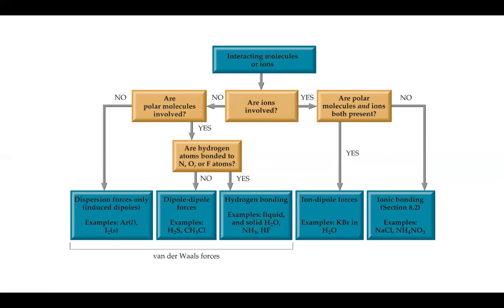If the answer is yes, then you have not only London dispersion forces, because all of the molecules have that, but you also have dipole-dipole forces, and more specifically, hydrogen bonding, because remember, hydrogen bonding is a special case of dipole-dipole forces. And then if there are polar molecules and ions, then you'll have ion-dipole forces.